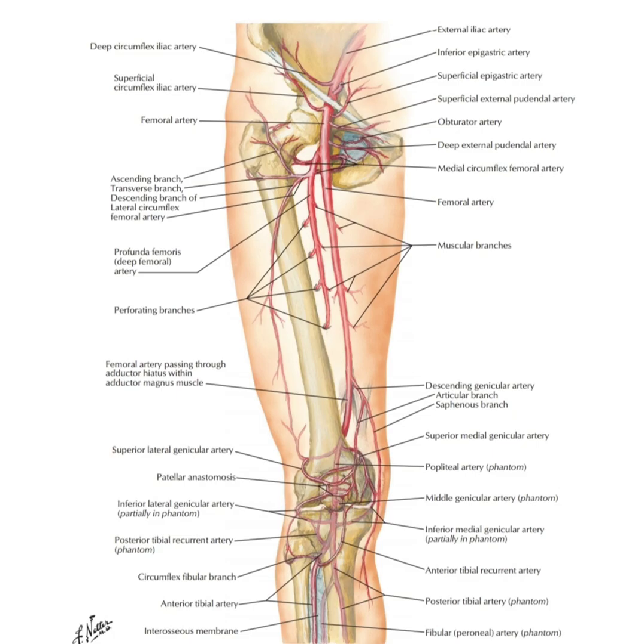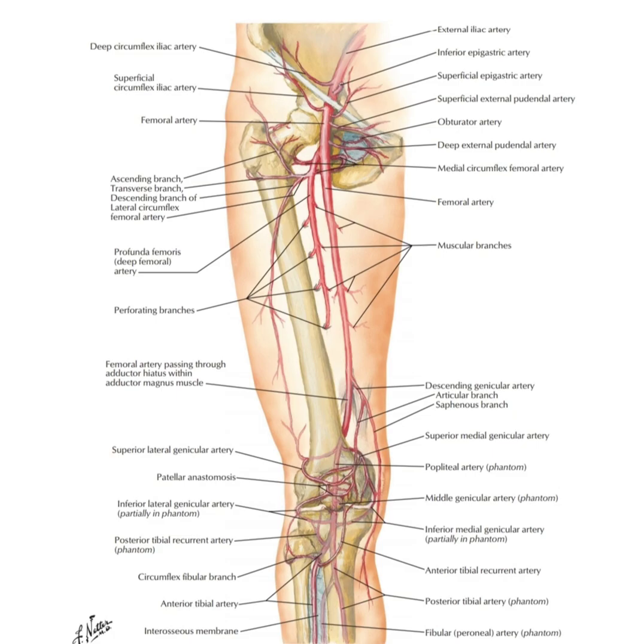All these arteries supply the deep structures of the thigh, and the femoral artery descends along the medial portion of the thigh and goes through the adductor hiatus and adductor canal to the popliteal fossa, and it becomes the popliteal artery.